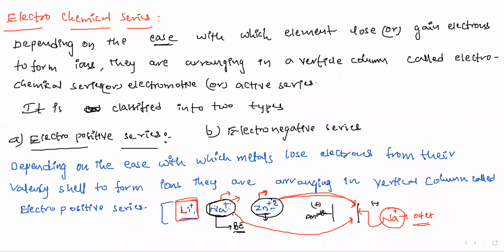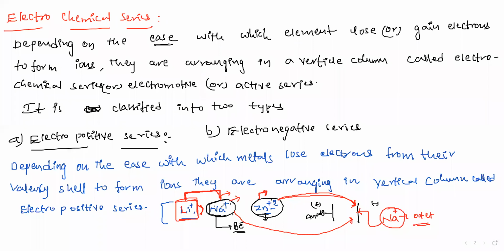Okay, I will give the electrochemical series now. I think you are getting confused, but think a little, there is nothing here. Electrochemical series: lithium. Now compare lithium and sodium. The electron discharge potential of lithium is greater than sodium.